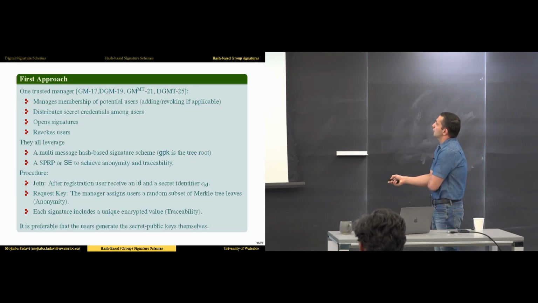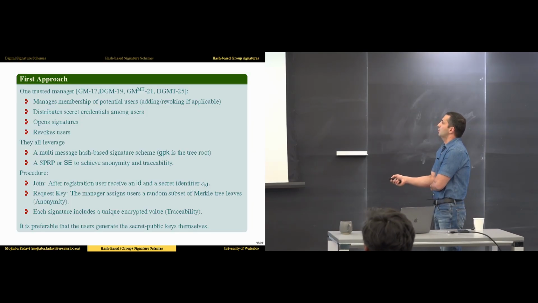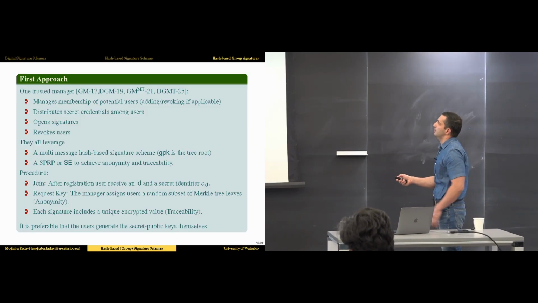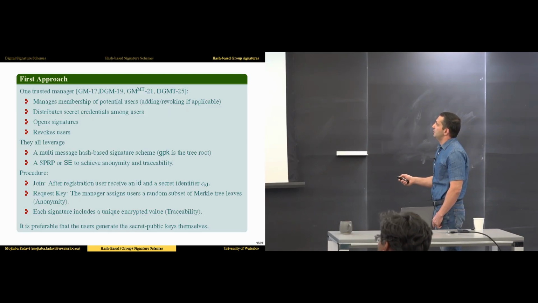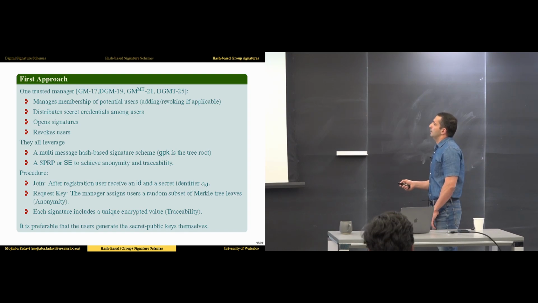There are 2 approaches for constructing hash-based group signature schemes. In the first approach, we have one trusted manager. These schemes, for example GM, DGM, GMMT, and DGMT, all follow this approach. The manager manages membership, adds and revokes users, distributes secret keys among users, and opens signatures.